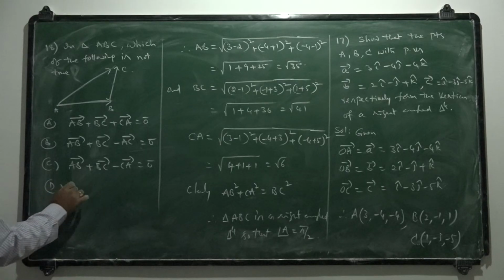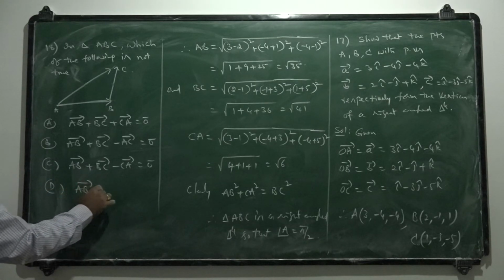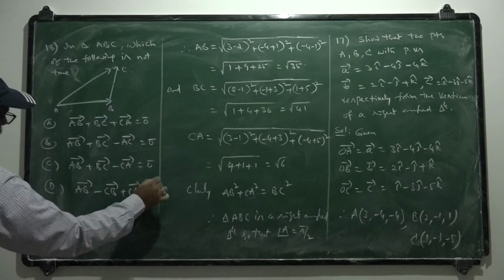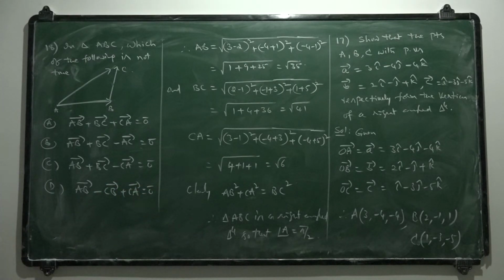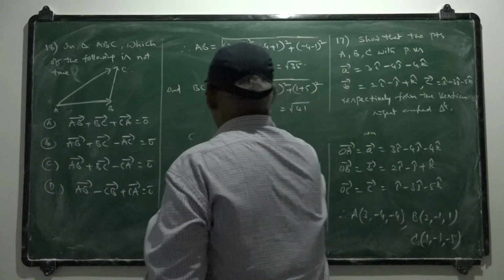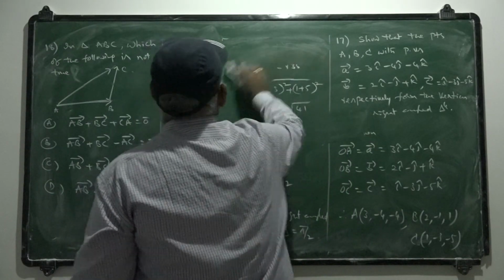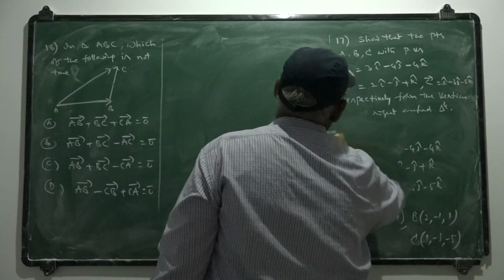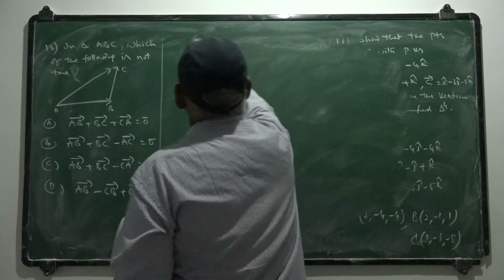Fourth one, D, is AB bar minus CB bar plus CA bar is 0. Which of the following is not true in the given triangle? In case of the given triangle from the figure, which option is not followed?